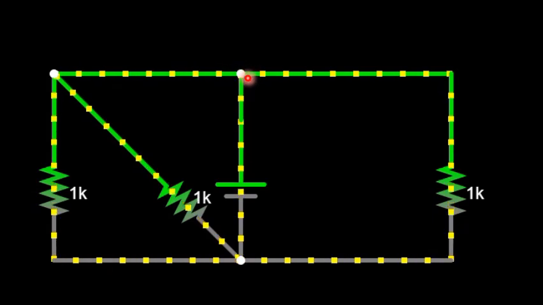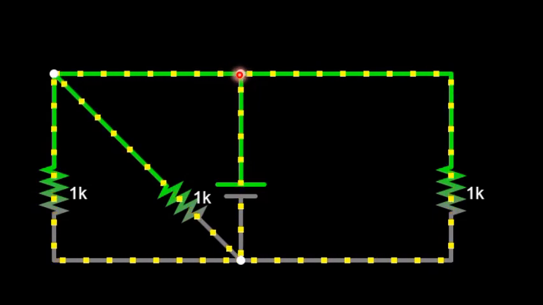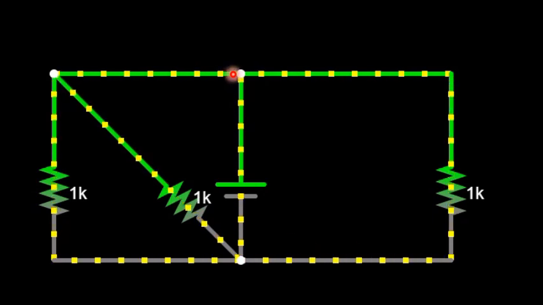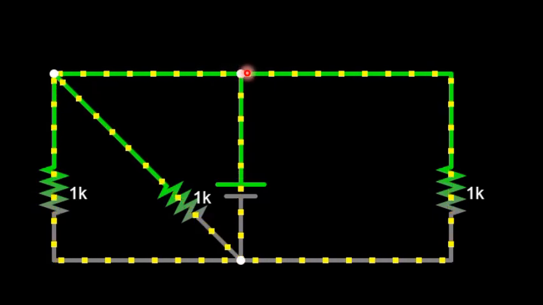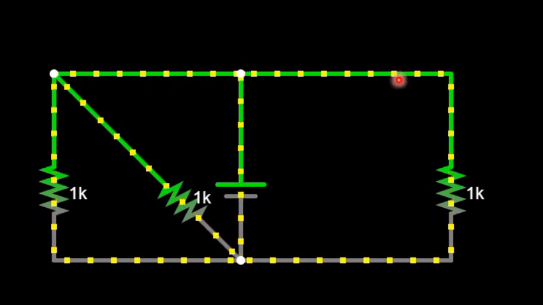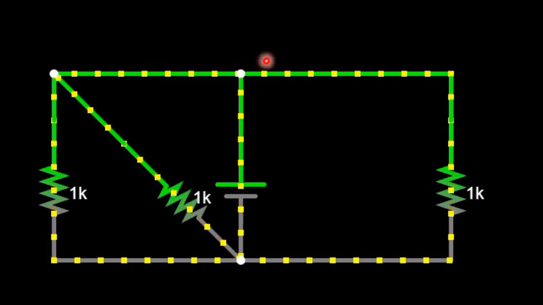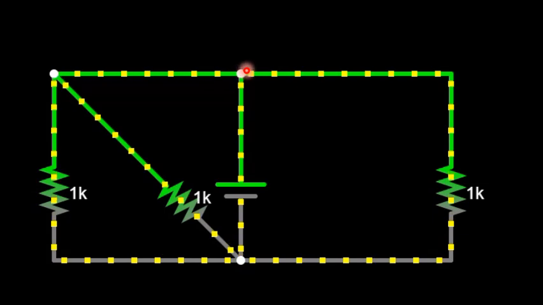Because if it was in series, it wouldn't have had a choice. All the current would have moved to one side and all the way back. But at this point, it has a choice to go to the left or to the right. That is why they say a junction is a point where currents split or divide.